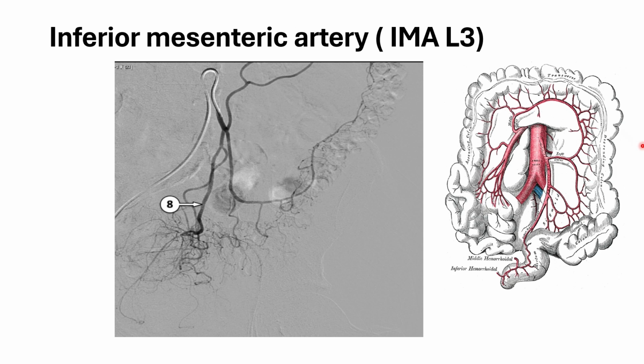So these are the 8 branches of the inferior mesenteric artery, and it supplies the splenic flexure of the large bowel to the upper 2/3 of the rectum. So it supplies the structures formed by the hindgut.